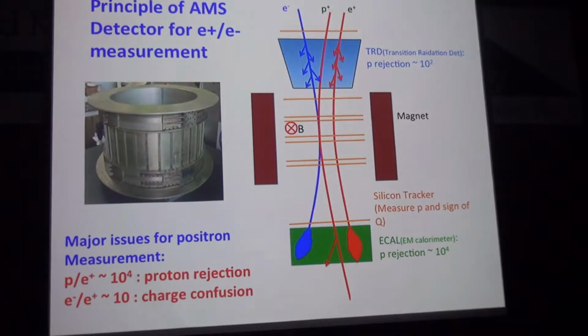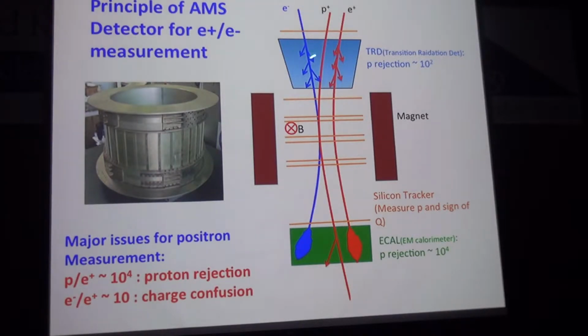However, we should remember that in the cosmic ray there are about 10,000 times more protons compared to positrons. So rejection of proton is a major problem for this kind of measurement. To reject proton, we have put a transition radiation detector on top and the electromagnetic calorimeter at the bottom.